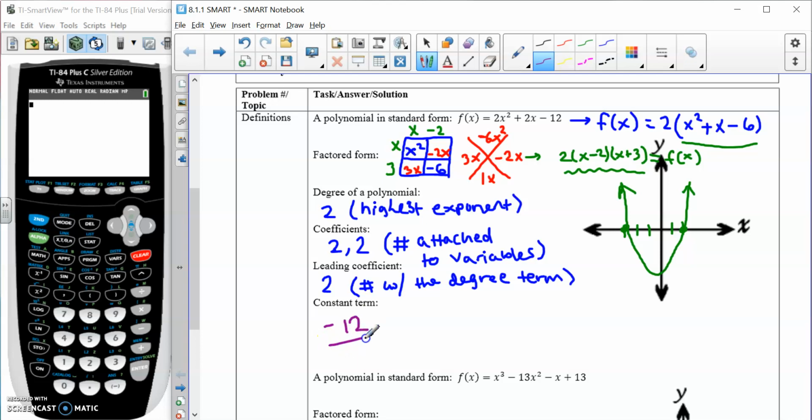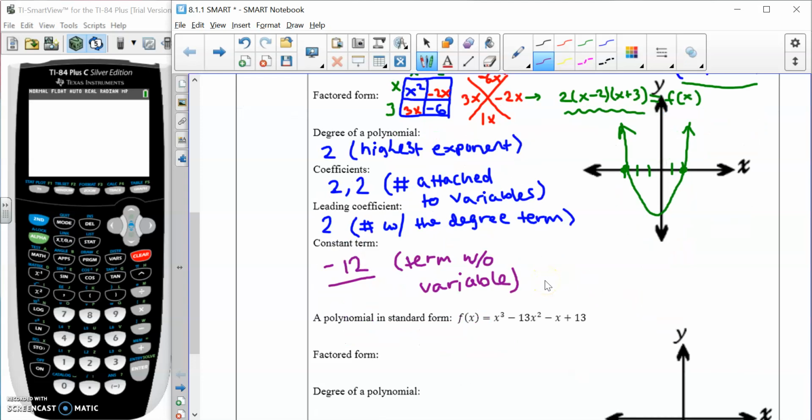It will always stay constant. Term without a variable. Right. So your constant is never ever going to have an x associated with it.